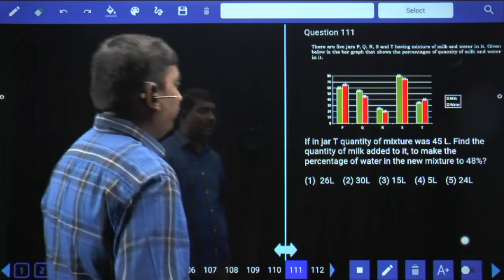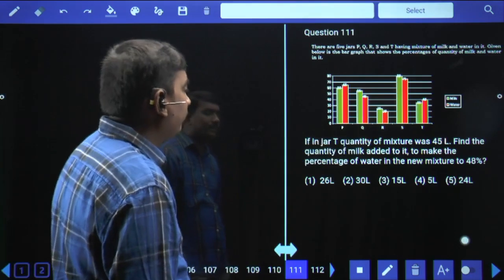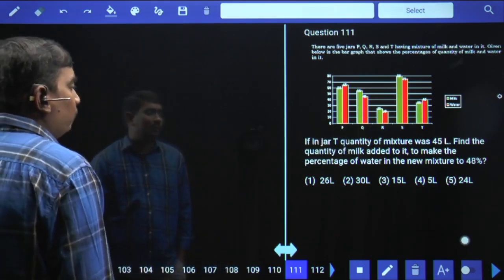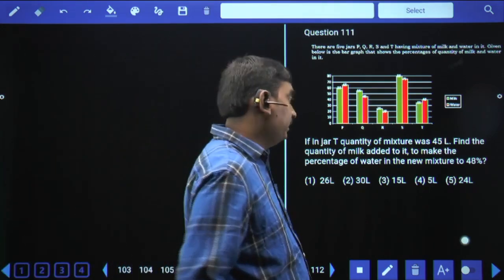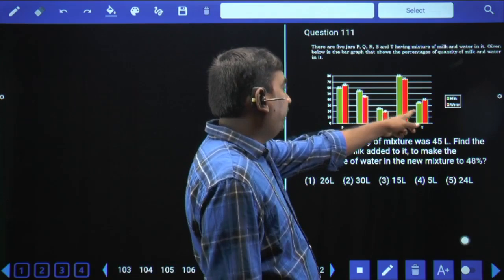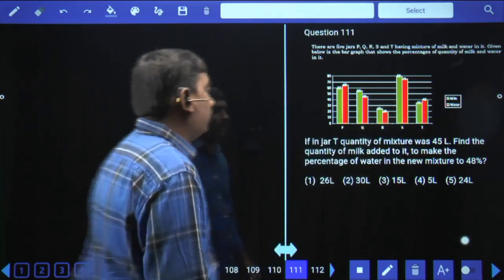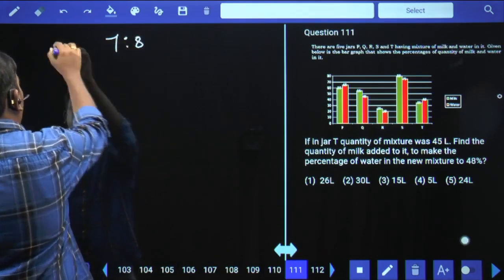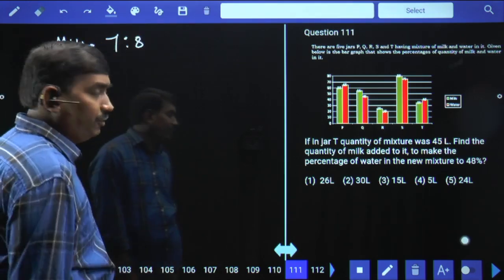If in jar T the quantity of mixture was 45 liters, find the quantity of milk added to it to make the percentage of water in the new mixture 48%. In jar T, milk and water are 35 to 40, which is 7 is to 8 ratio.